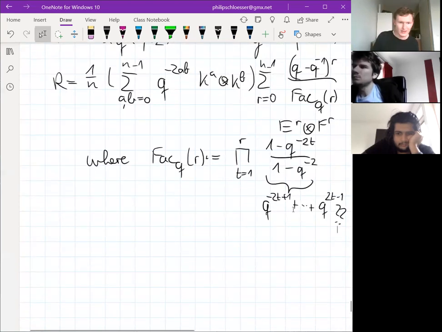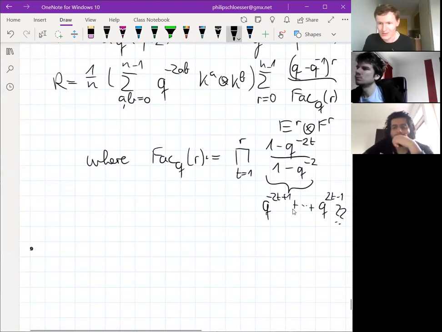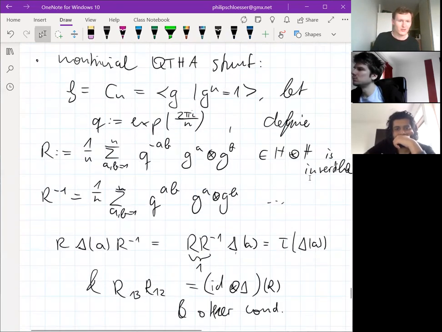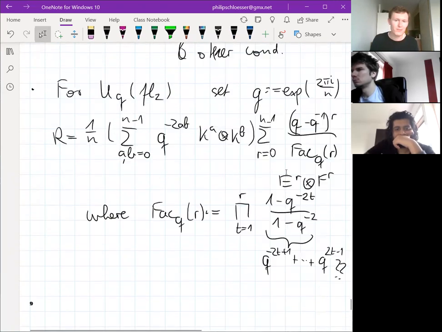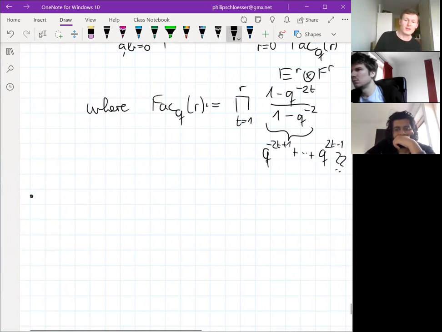And yeah, one last thing, which I guess is a generalization of what I did here to do this non-trivial QTHA structure. If you have a QTHA, you can twist it.